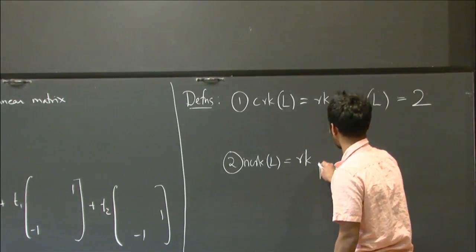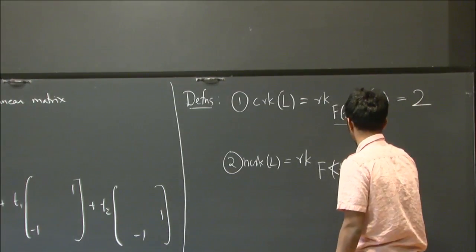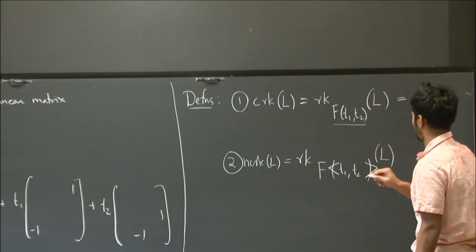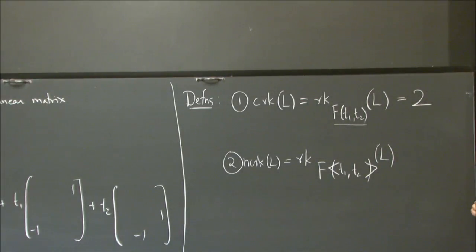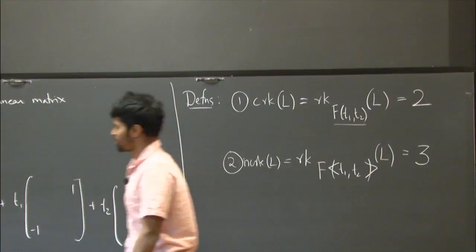That has a funny notation, and I don't know who to blame for this, but we have no choice. In this case, what is the non-commutative rank going to be? 3. It's going to be 3. What's the reason?